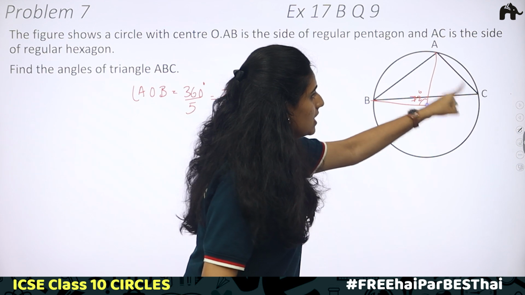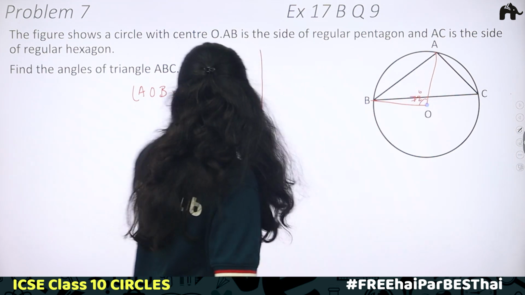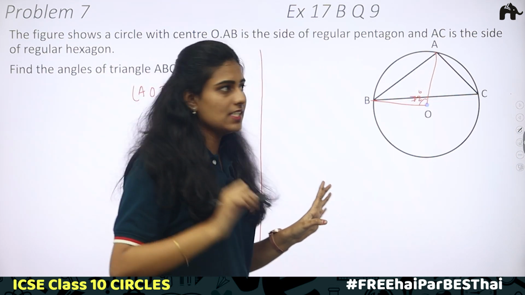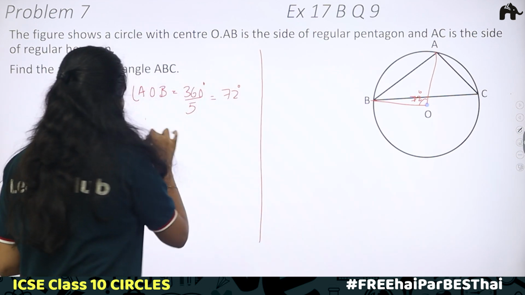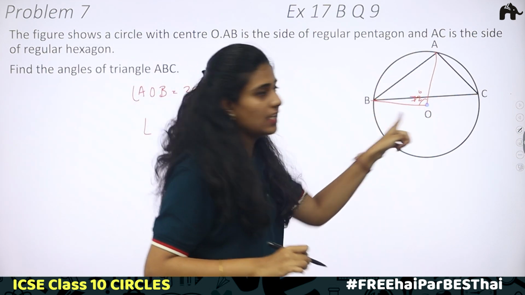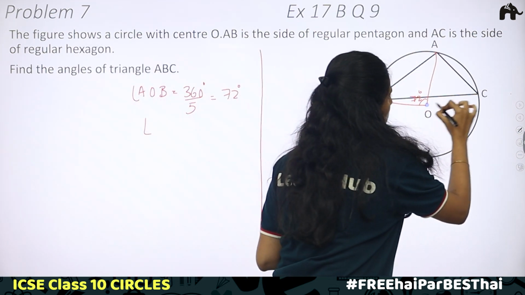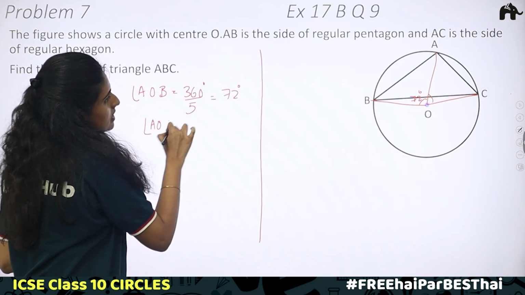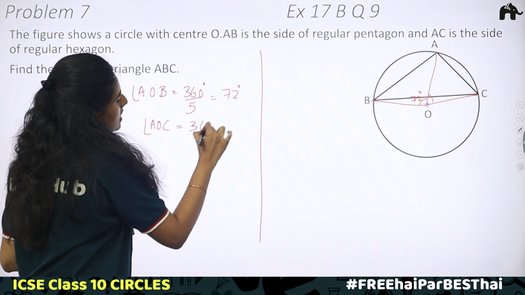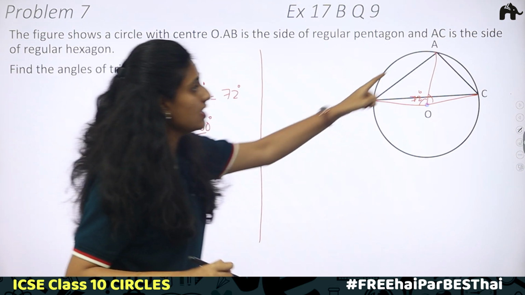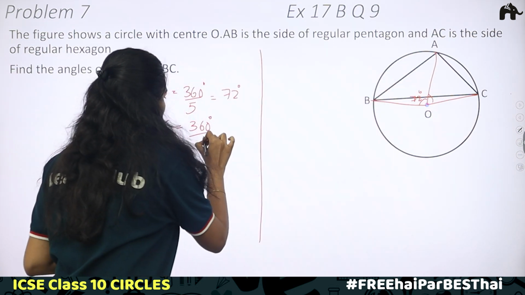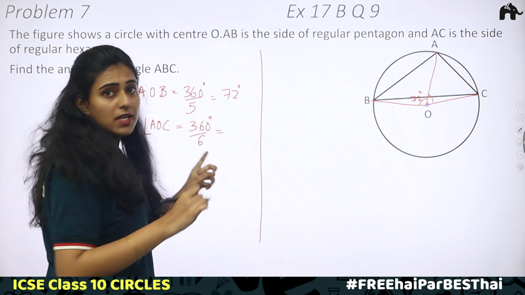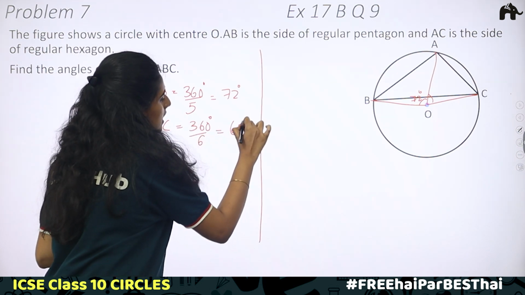Now, AC is the side of a regular hexagon. Hexagon has 6 sides. Therefore, the angle subtended by AC at the center, angle AOC, will be equal to 360 degrees divided by 6, and 360 by 6 is equal to 60 degrees.